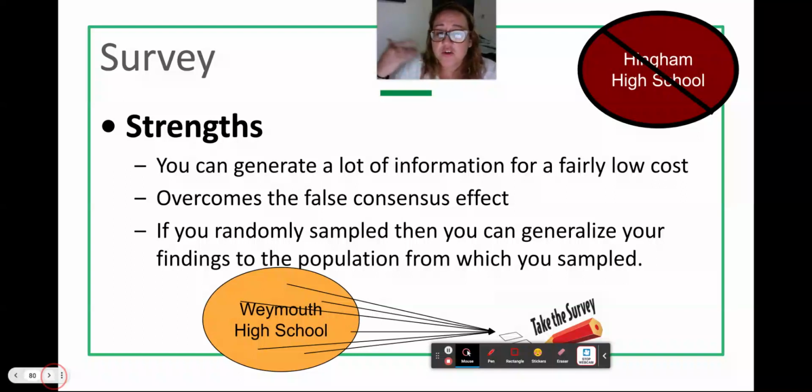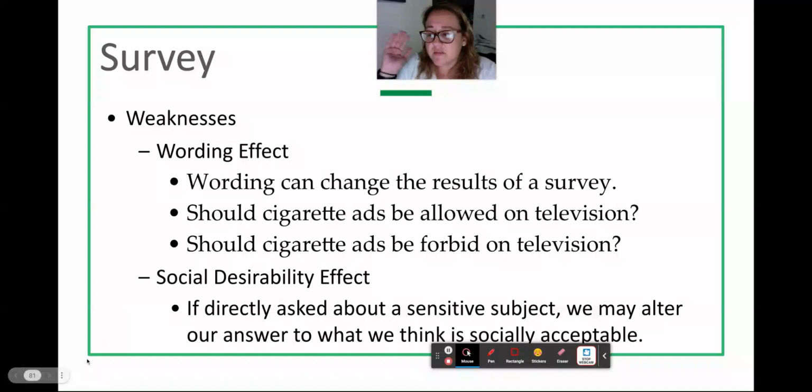Okay, you could also randomly sample, right? Get a large sample size from the population, which is great because then you could generalize it. Okay. And the bad thing about it is two things. There's this thing called wording effect, and you definitely need to have that in your notes.